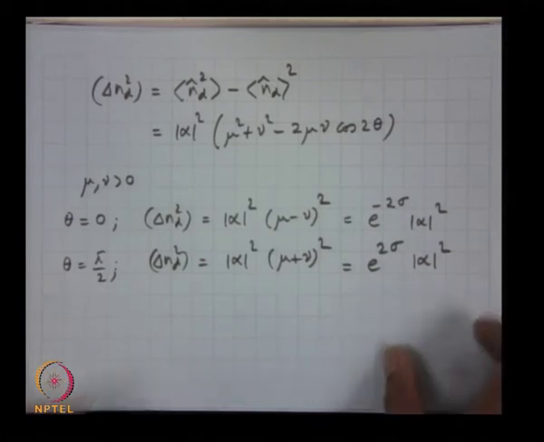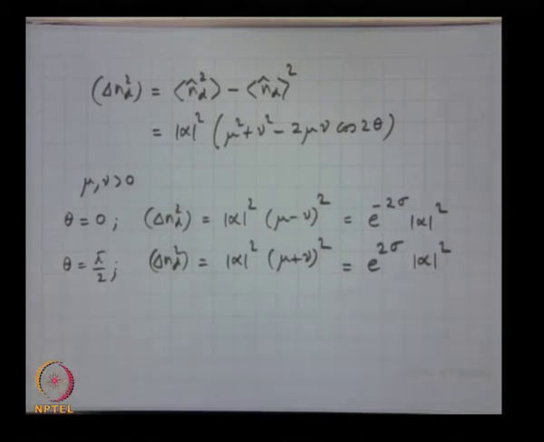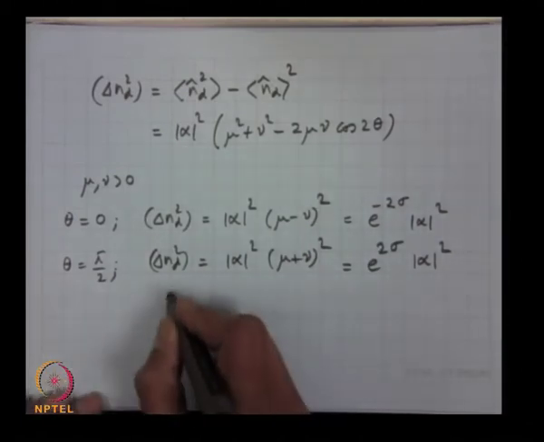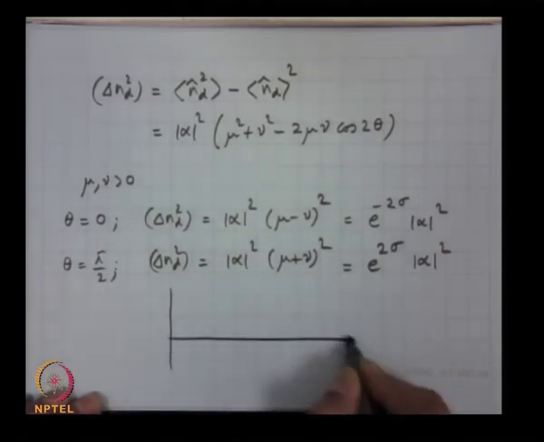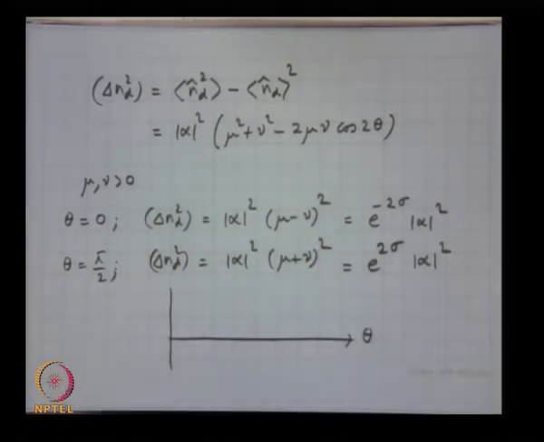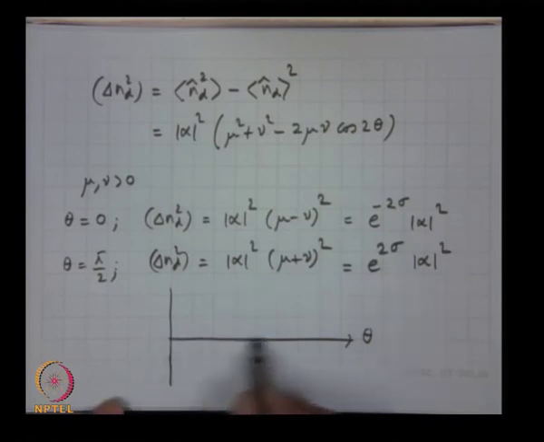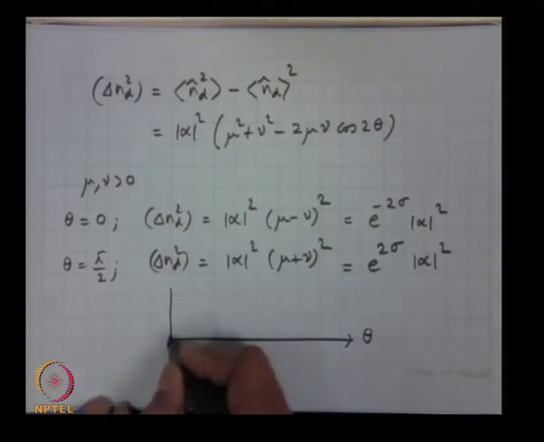So if I were to plot the signal that I'm getting as a function of phase, the expectation value is 0. I just now showed in squeezed vacuum state, expectation value of nd is 0. So the average will be here, and then if I vary theta from 0 to 2 pi, at theta equal to 0, the variance is small.